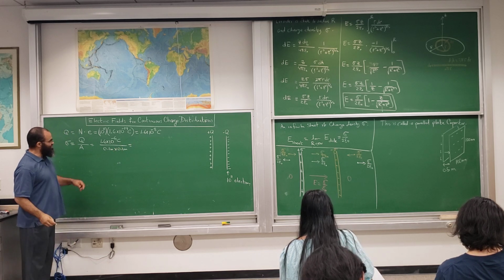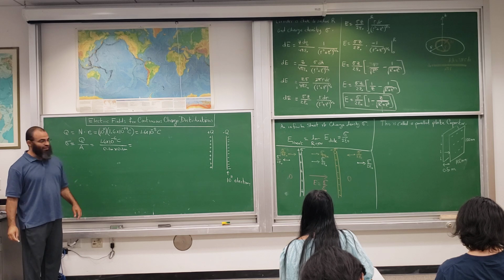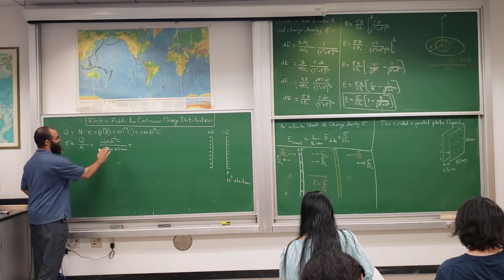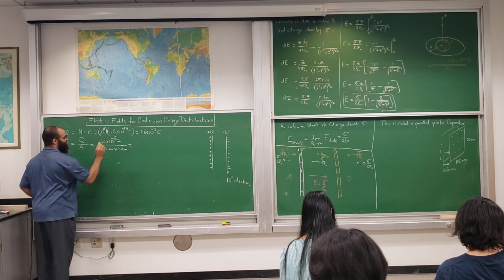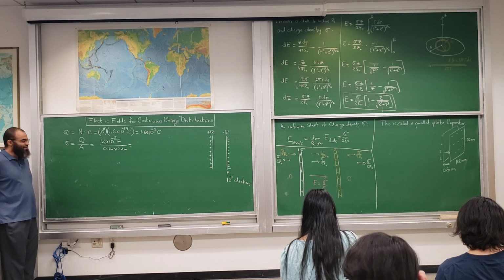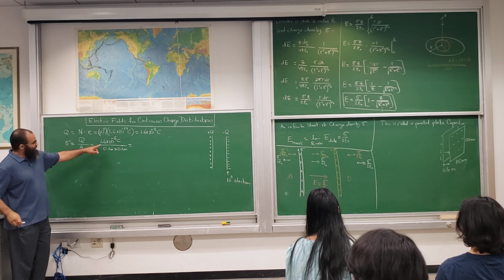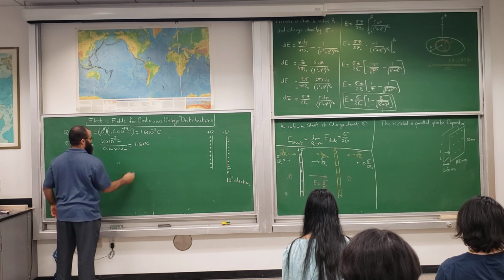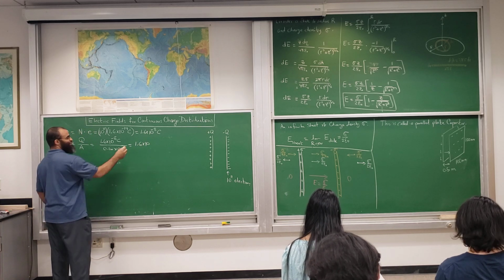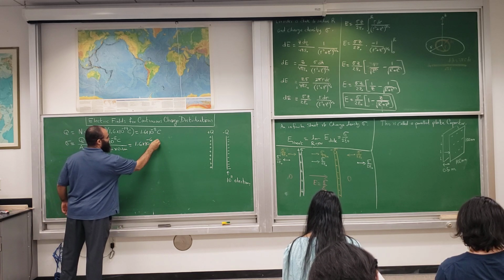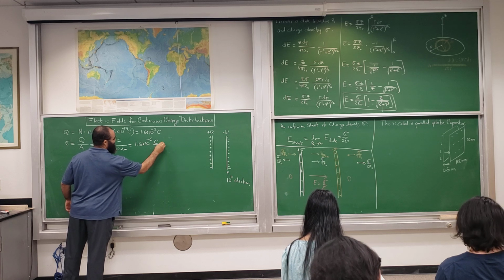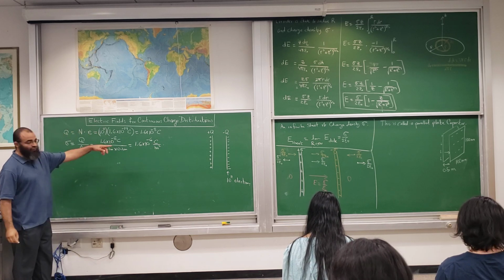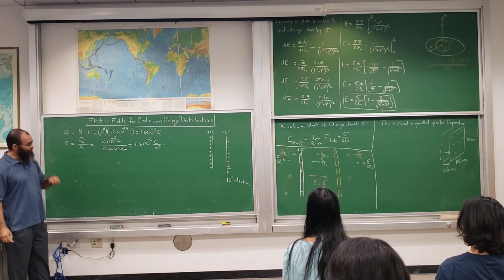I usually don't write the units, but that's right. So do that, and you get 1.6 times 10 to the minus what? Coulombs per square meter. It's charge over area, coulombs per square meter.